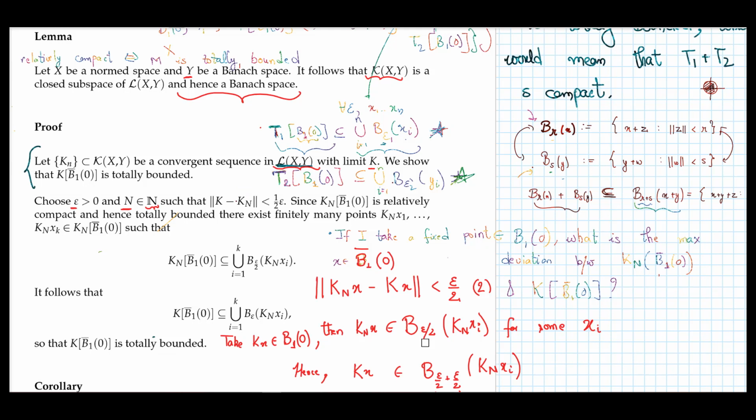Now since we know that this Kn is a compact operator, Kn(B10) is relatively compact, makes sense, and hence totally bounded.